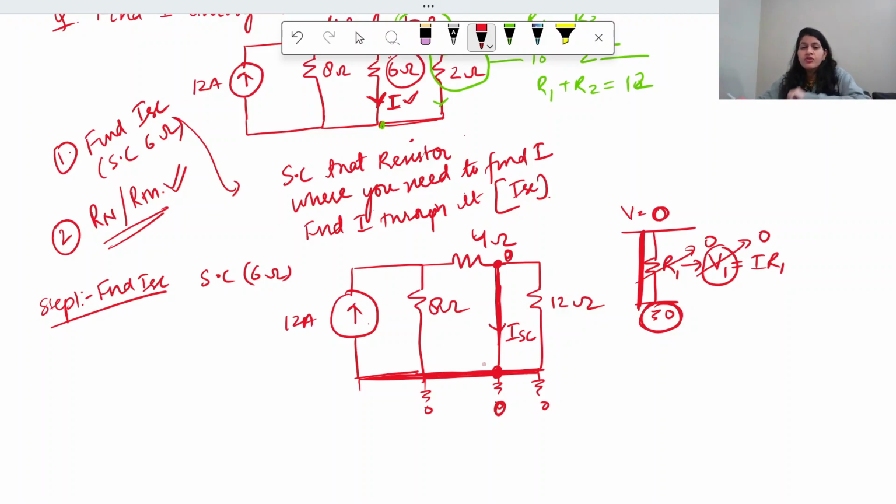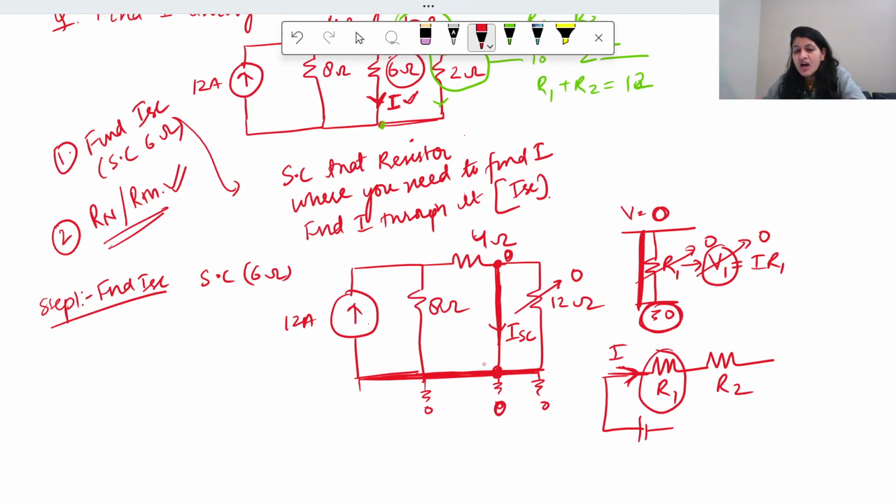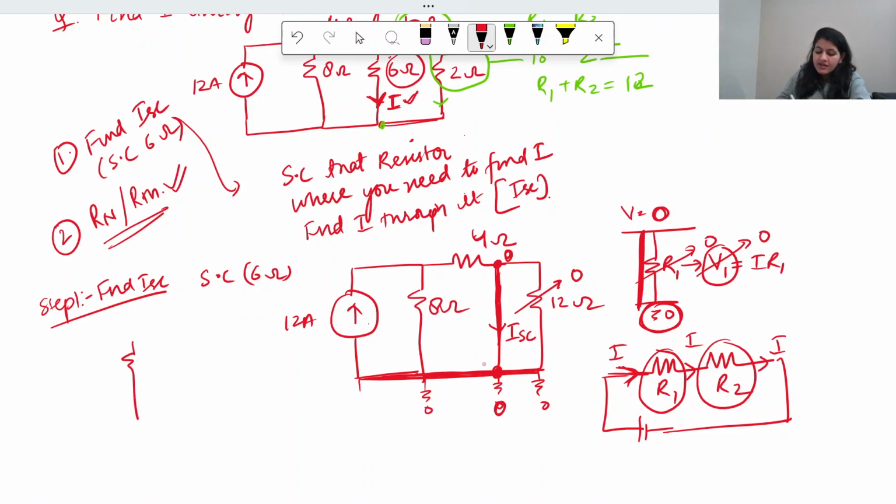One more thing you know is that voltages in parallel branches are the same. So the voltage across this 12 ohm will also be 0. If two resistances are connected in series, then the current is the same: the same current flows through R1 and through R2, and so on. Similarly, the voltages in parallel are the same.